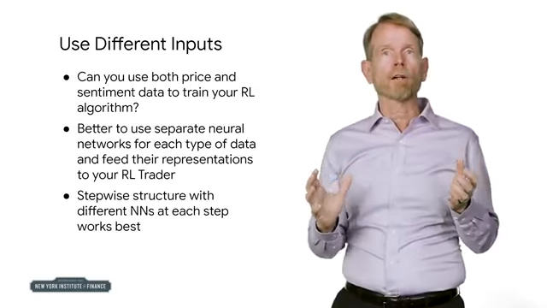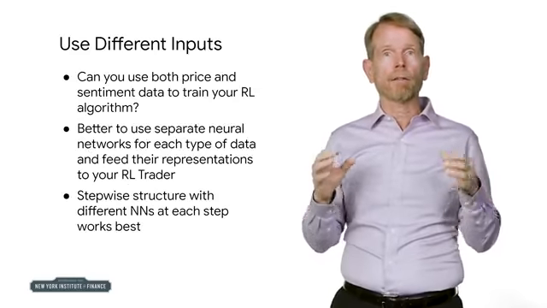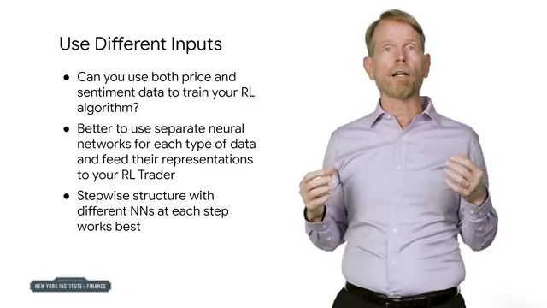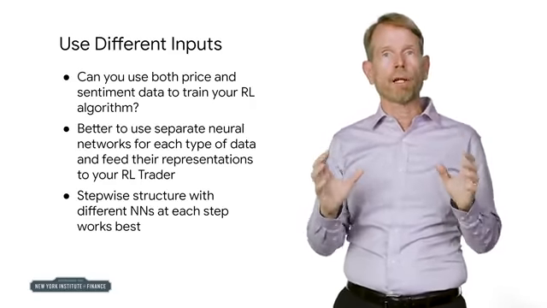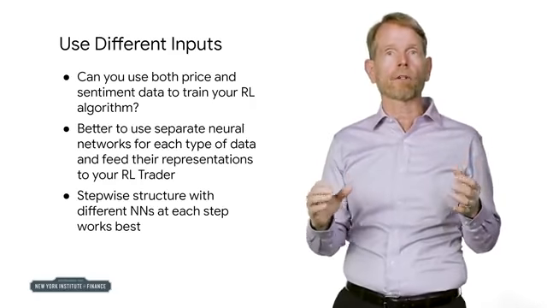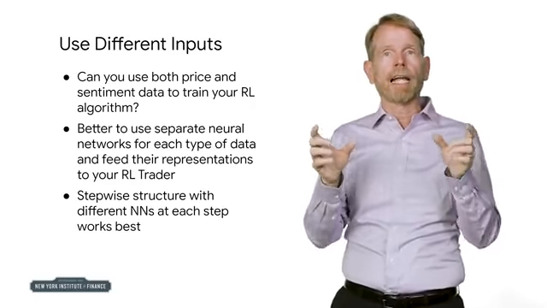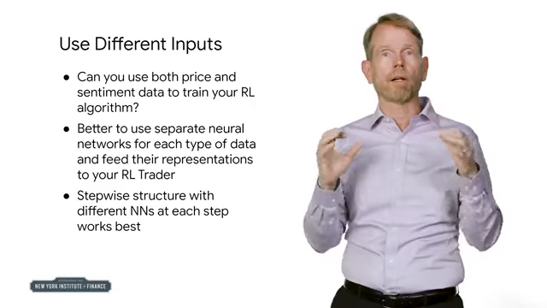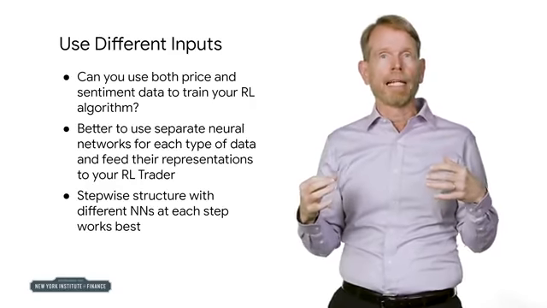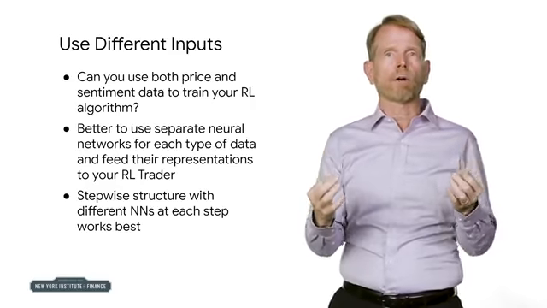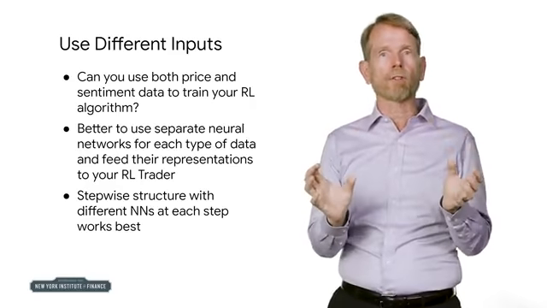Can you blend numerical data with classification data? For example, numerical values with sentiment over the news? You can, but it works much better if you use separate neural networks for each of these tasks and then use the representations of these neural networks to feed your RL trader. You can think of your neural networks like the intellect of a small child.